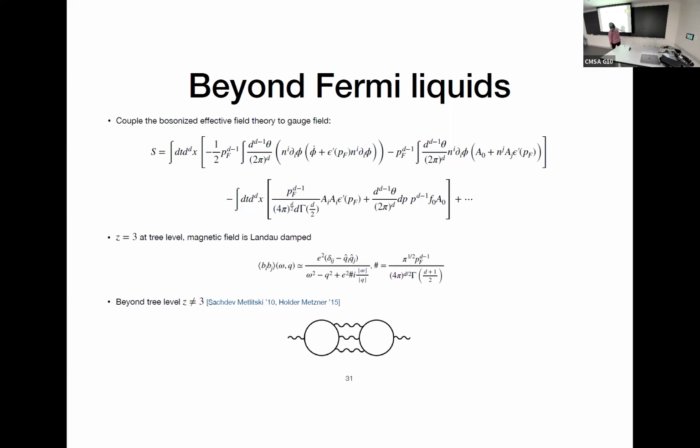If we think about the critical dynamical exponent z equal to 3 at tree level, we find that the magnetic field is Landau damped, as we can see here. And one can ask, what about beyond this tree level? For example, z not equal to 3. One can compute those higher-loop diagrams.